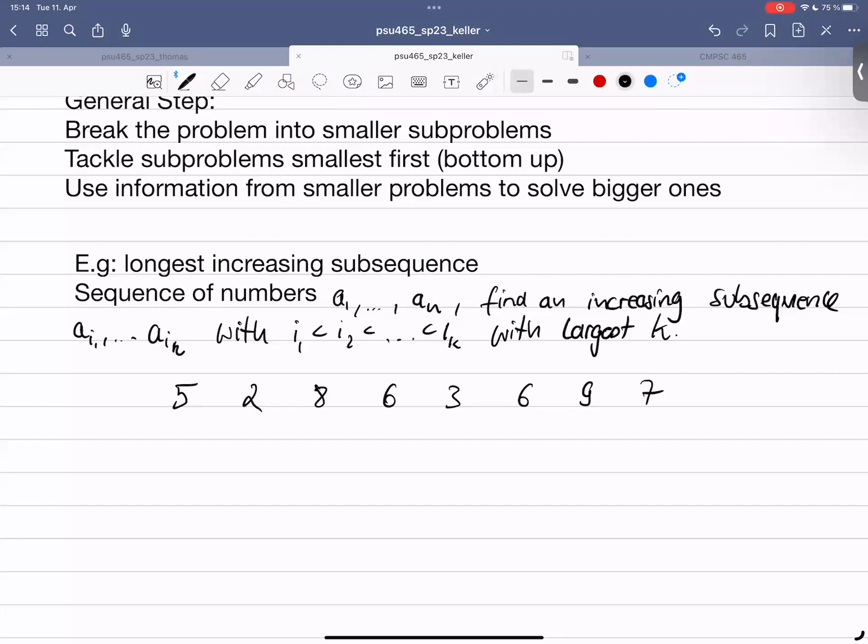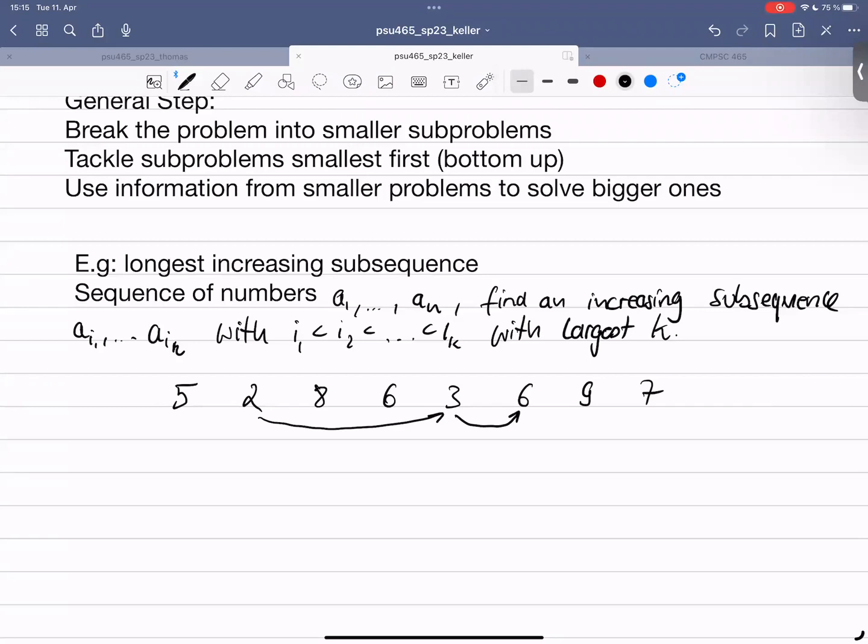In this case, we could start at number 2 here, and then go to number 3. The 3 is to the right of 2, which is why this is a subsequence, and 3 is larger than 2, which is why it's an increasing subsequence. And we can continue this. We can go from 3 to 6, because again, 6 is to the right of 3, and 6 is larger than 3.